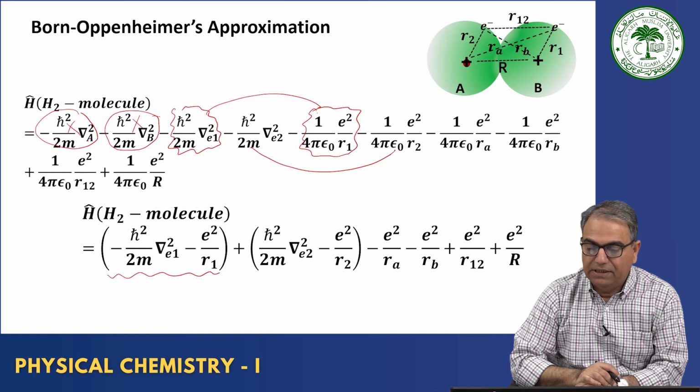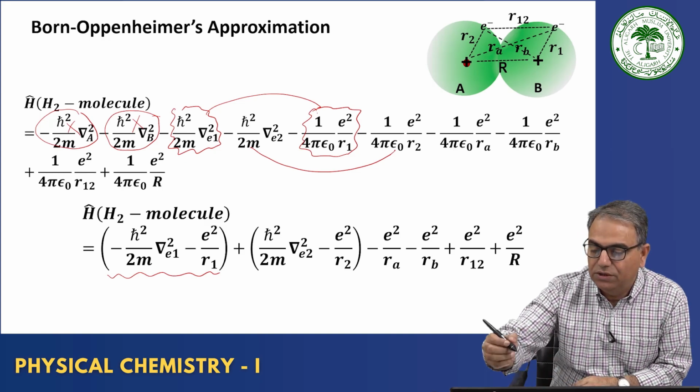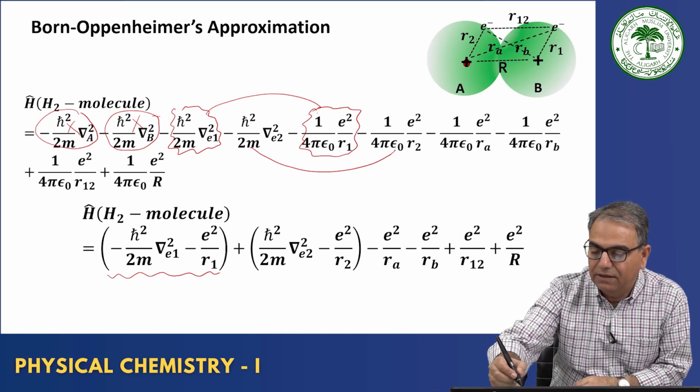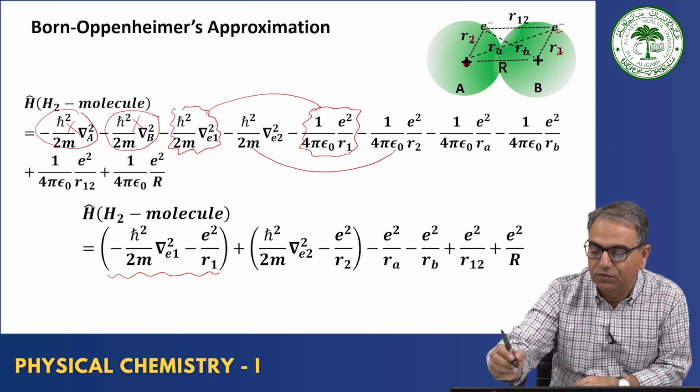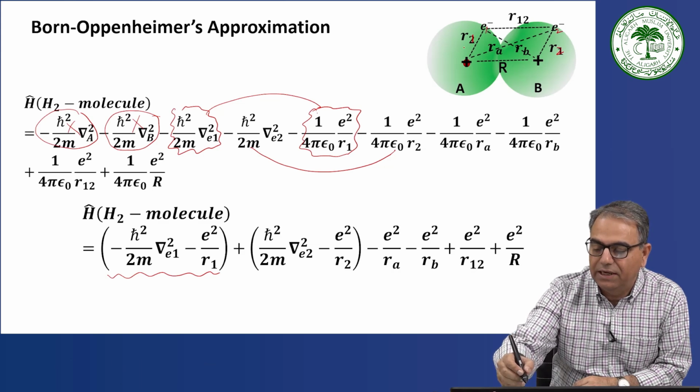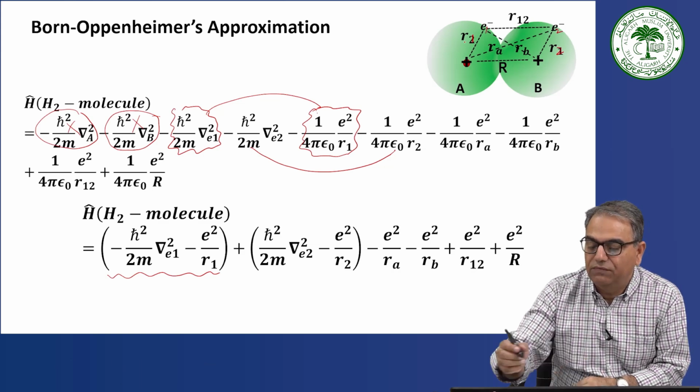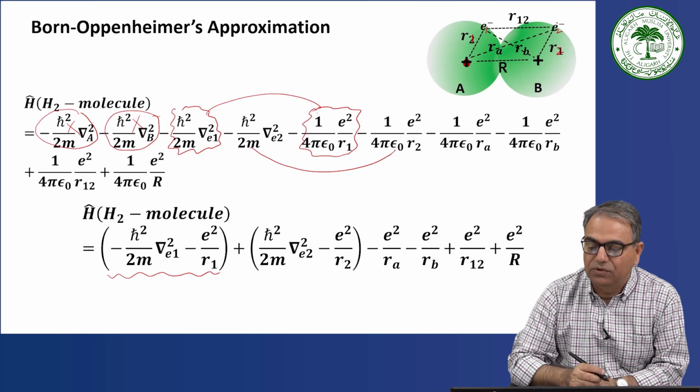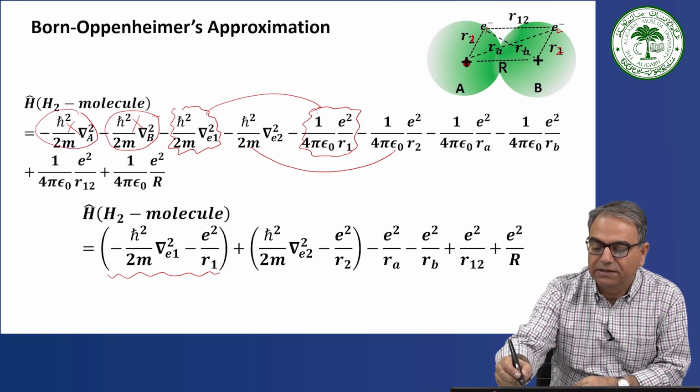And remember, don't get confused, because I will always make this e1, make this e2. With atom A you have electron e1, with atom B you have electron e2. So the relationship will not change.